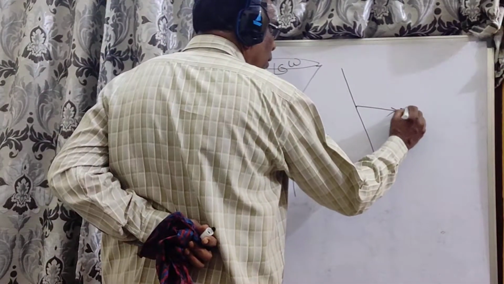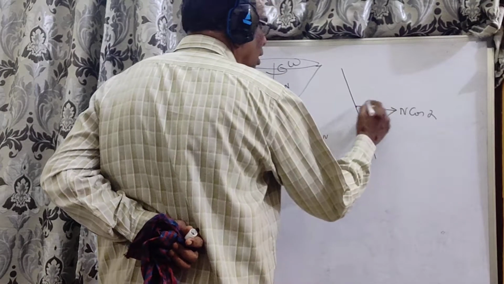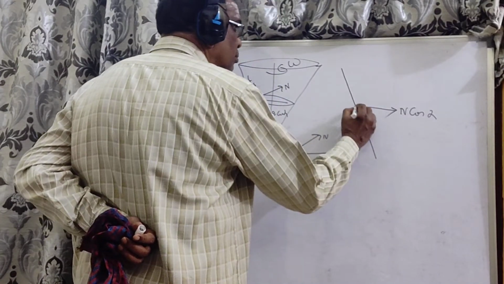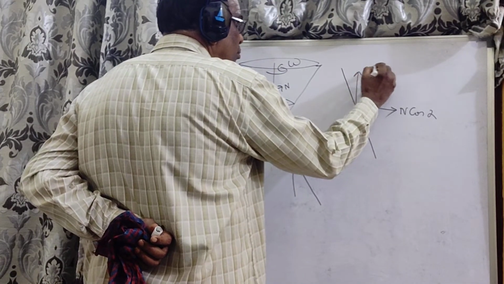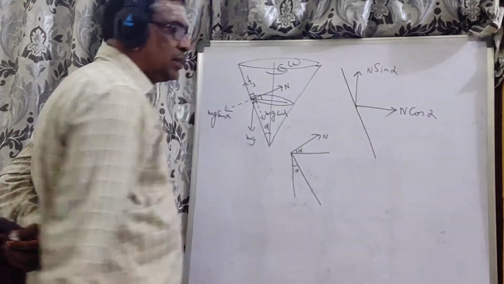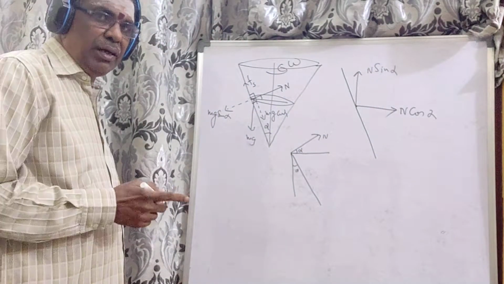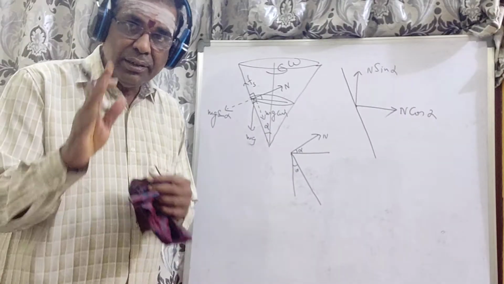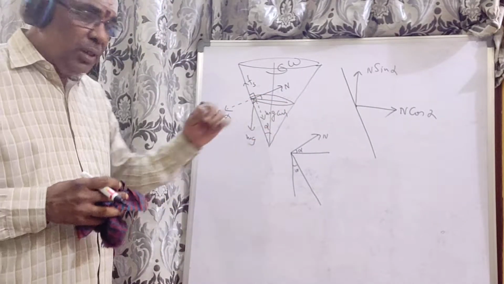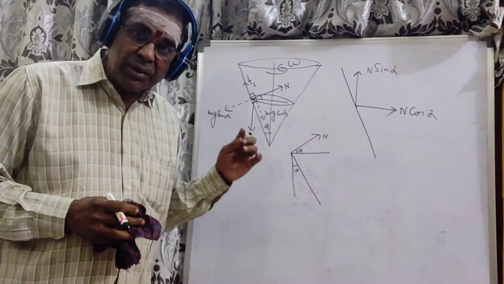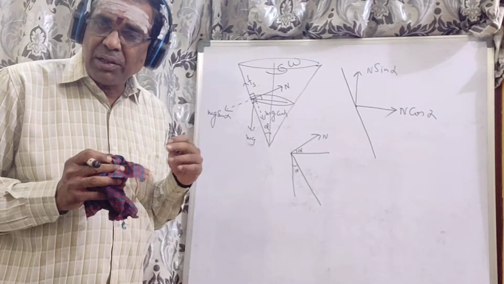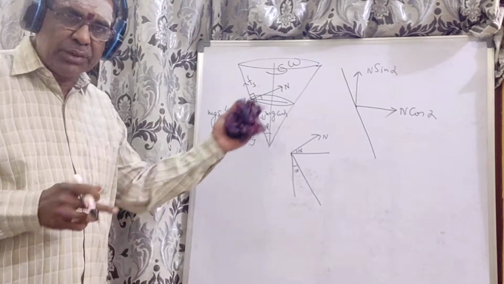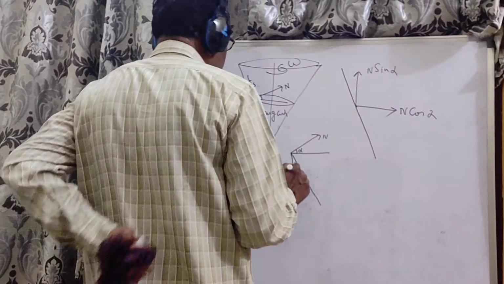So N cos alpha, N sin alpha. See, why can't I do this and go ahead? You can. I will show you now. Wherever you get a doubt, don't think that I am doing according to my convenience. I'll explain it to you in a while from now.